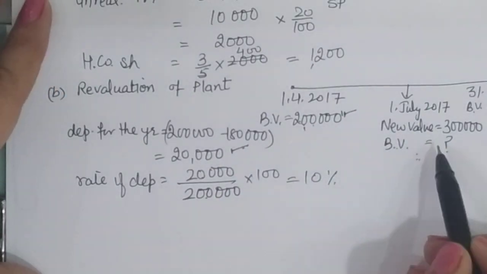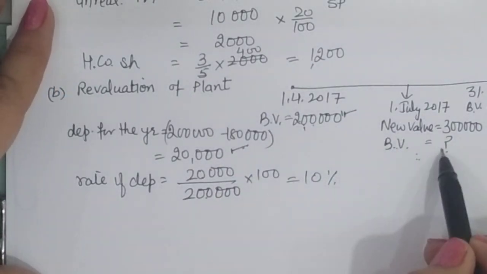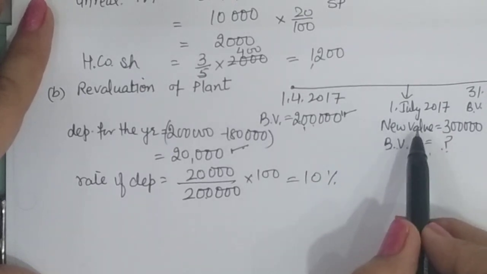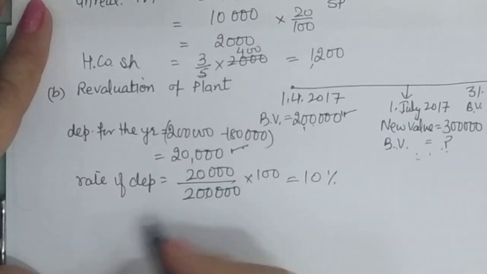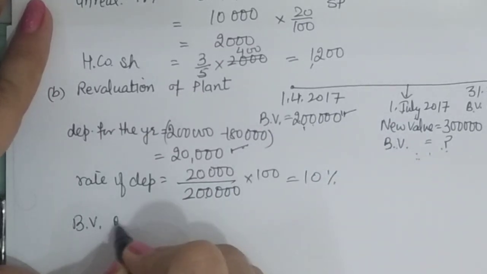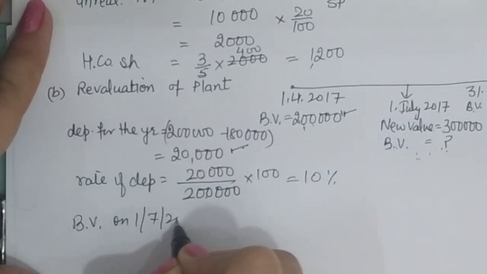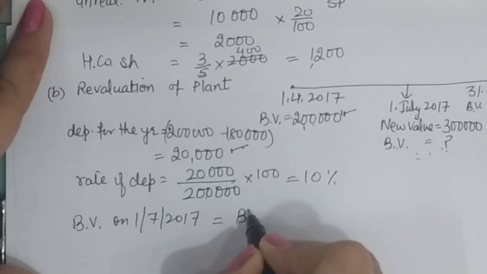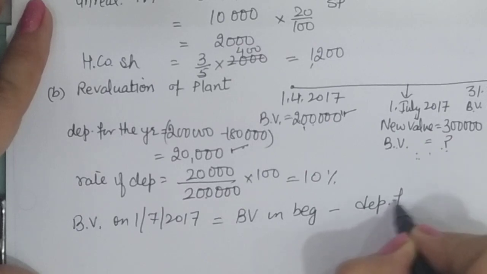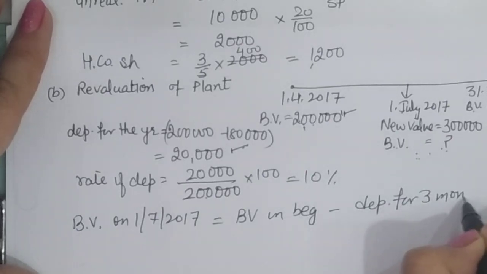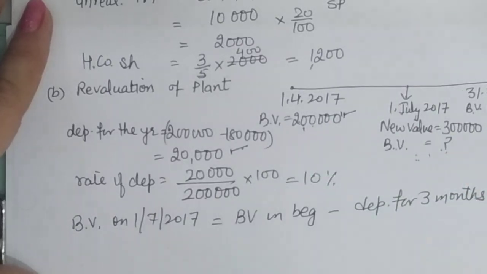So book value on the date of revaluation will be, since from the opening date 3 months have passed, book value on 1st July 2017 will be book value in the beginning minus depreciation for 3 months, because 3 months have already passed when you change the value.